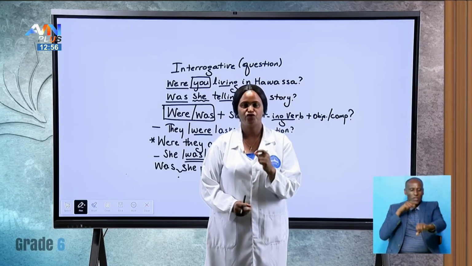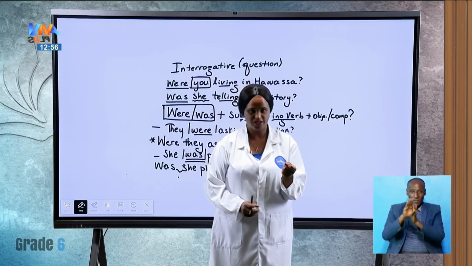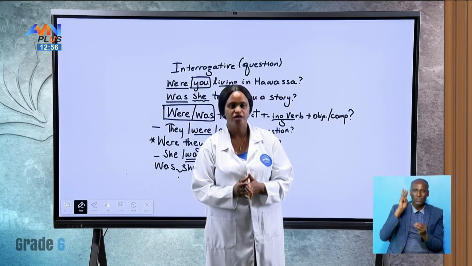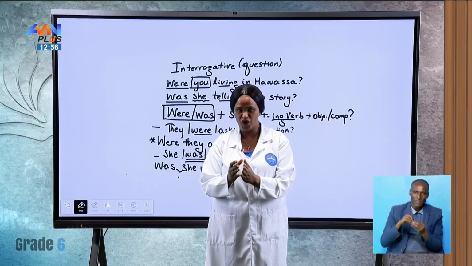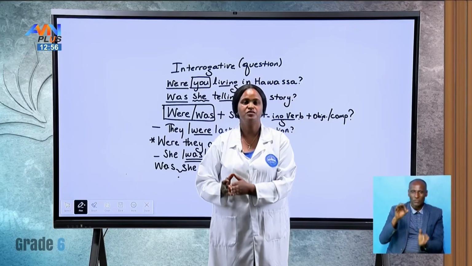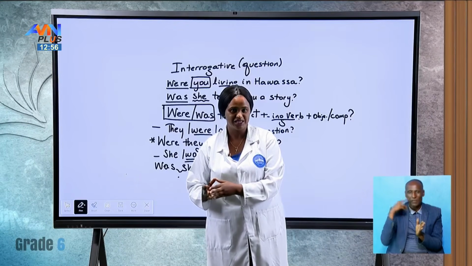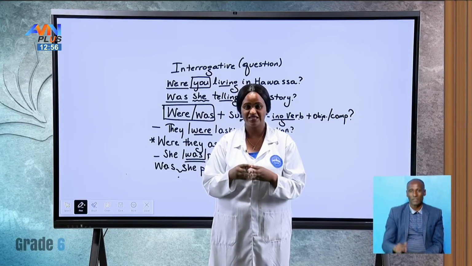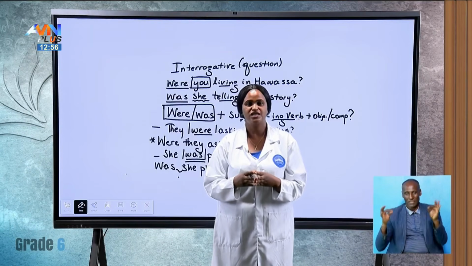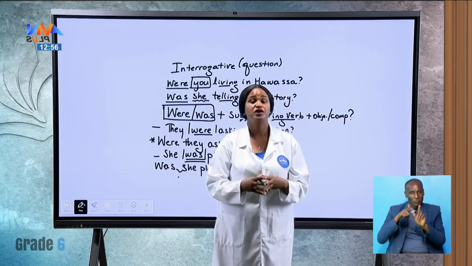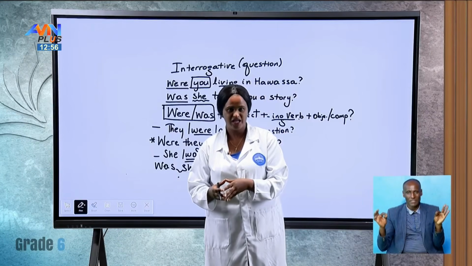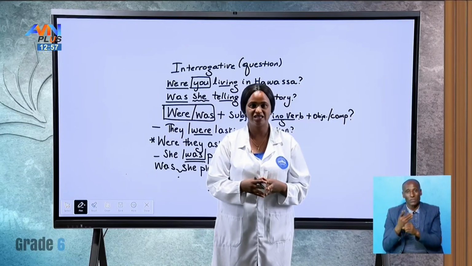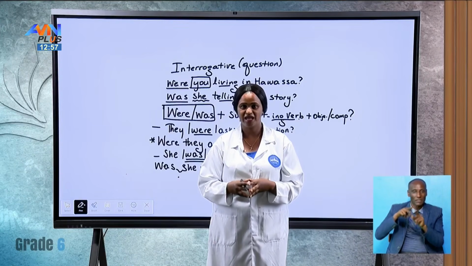And if you remember the form: subject plus the past auxiliaries was and were plus ing form of the verb, and then plus object or complement. And the other thing that we have seen is the three types of sentences, yes? We have seen a positive sentence, how to make a positive sentence negative, and finally, how to construct a question or interrogative sentences. Yes?